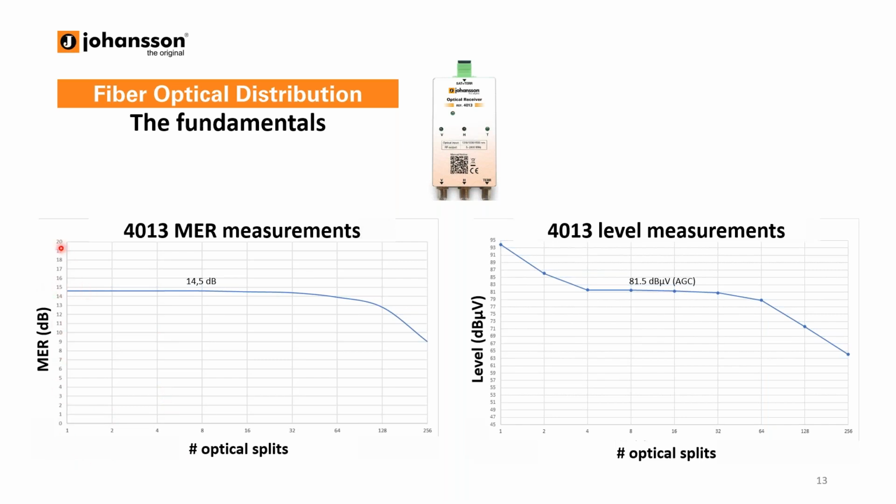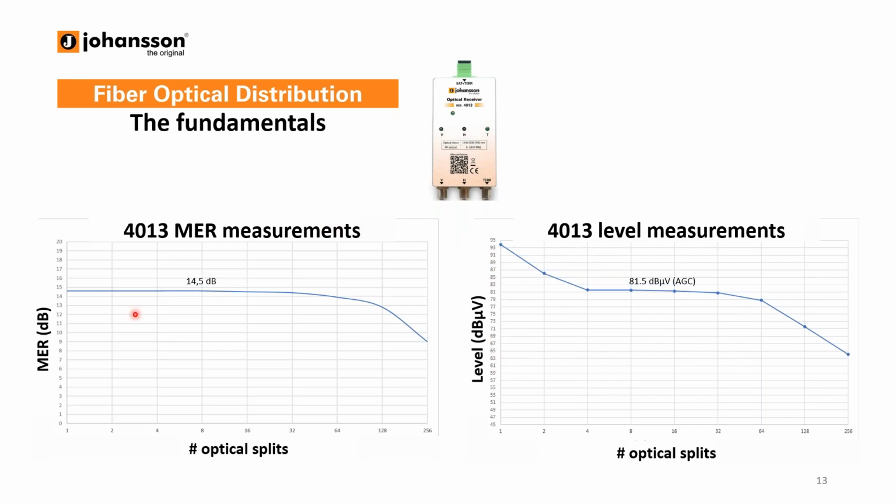On the y-axis, in the vertical position, you have the MER level, and in the horizontal position, the x-axis, you have the number of splits. So 1, 2, 4, 8, 16, all the way up to 256. On the right side, we have the signal level in dB microvolt. So again, the bottom is the number of splits, and the y-axis is the signal strength.